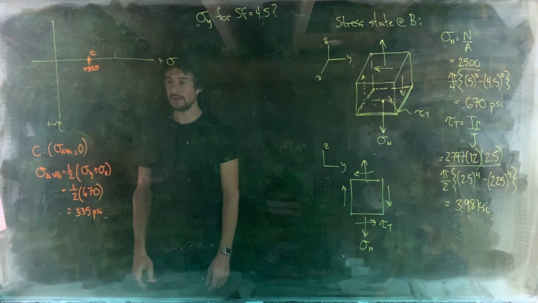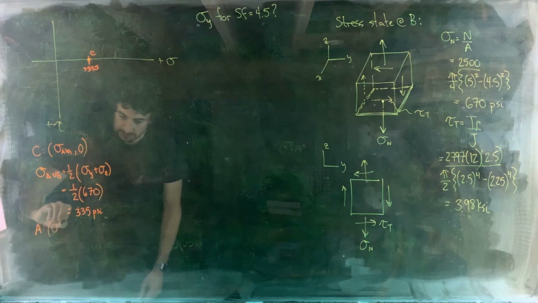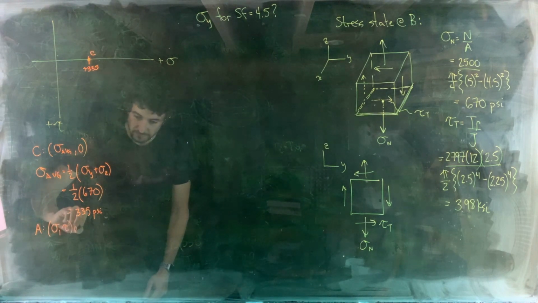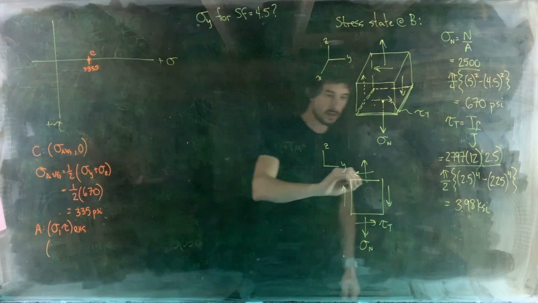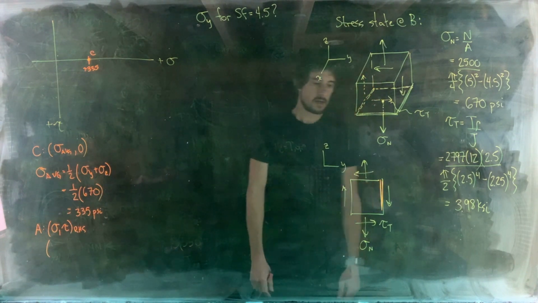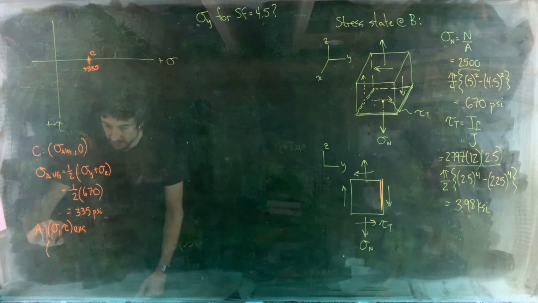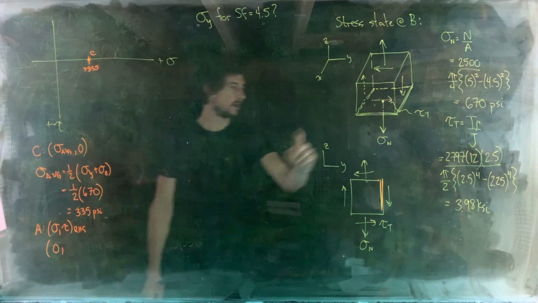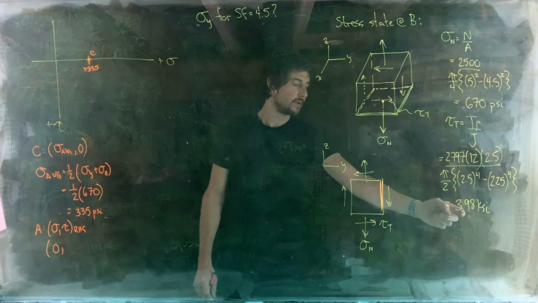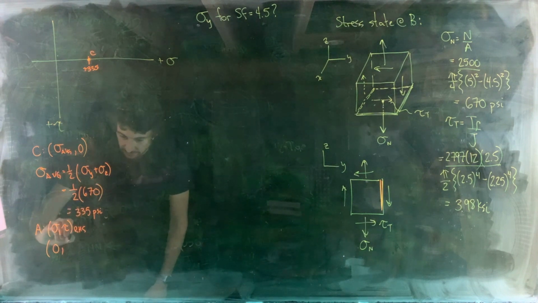Okay, now point A is located at sigma comma tau for the element's right-hand side. What have we got? The element's right-hand side, there we go. We just have a shear stress tau T, so no normal stress, only a shear stress. The value of tau T is what? 3,980 psi.